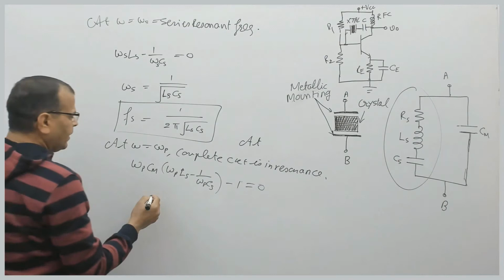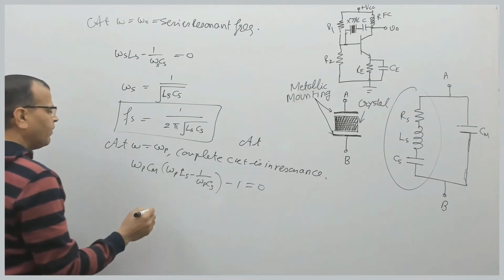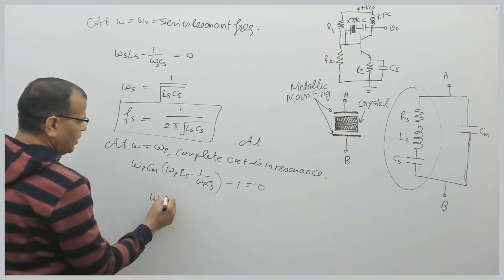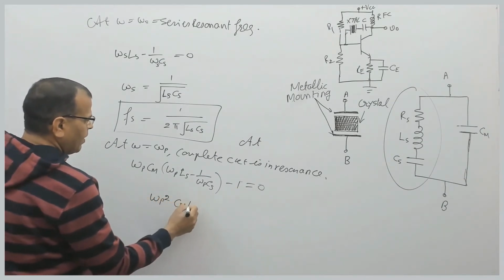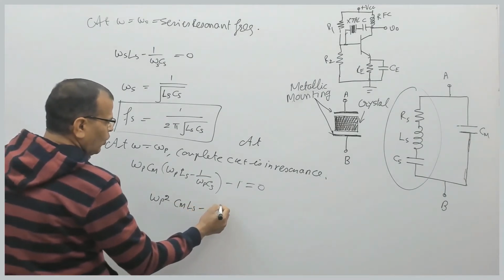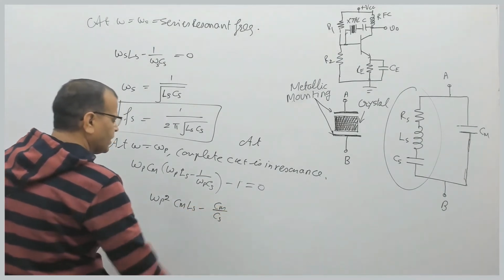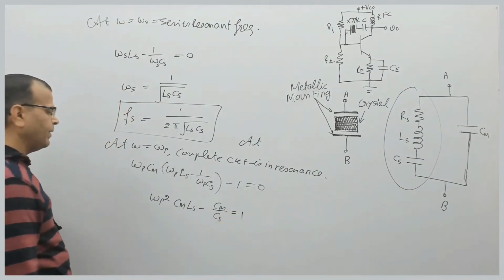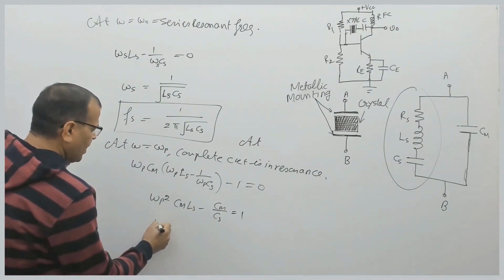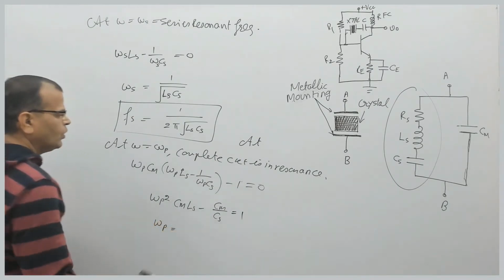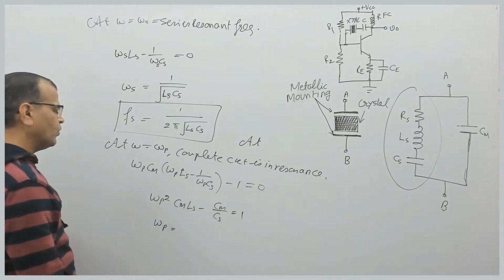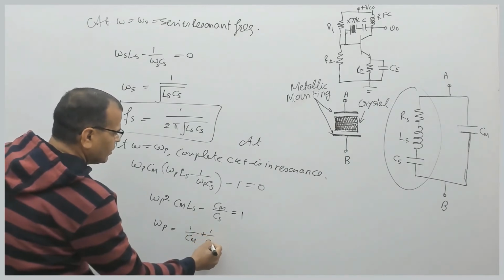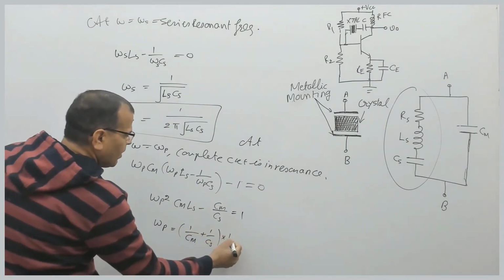You can simplify it. That gives omega p square Cm (Ls minus Cm by Cs) equal to 1. Or you can take this to the other side, so omega p equals the square root of (1 by Cm plus 1 by Cs) multiplied by 1 by Ls.